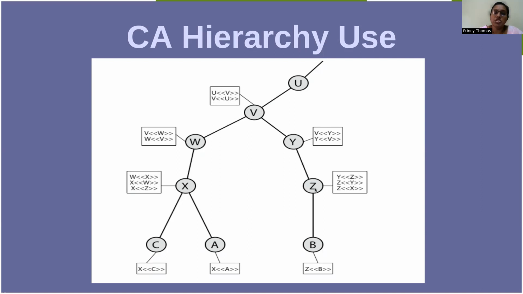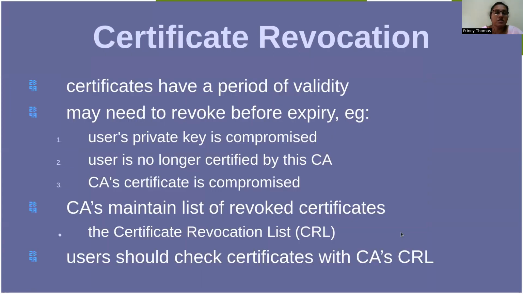So there is a relationship between Z and Y, and there is a relationship between Z and V. At the same level, Z and X. So all these people are from the certificate authority V, and all the users trust each other. Okay, so this is how the hierarchy works.